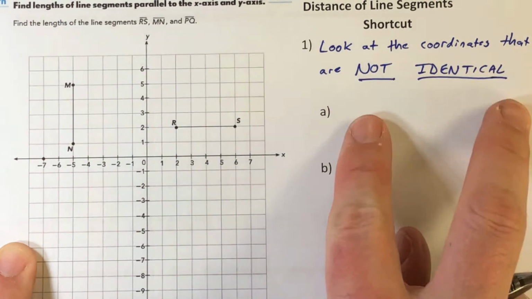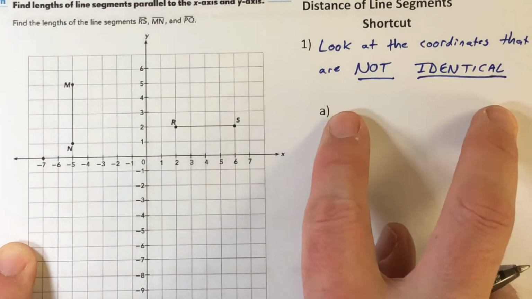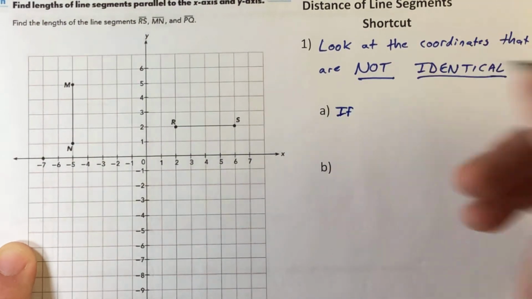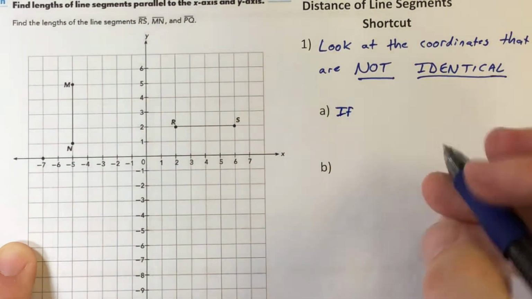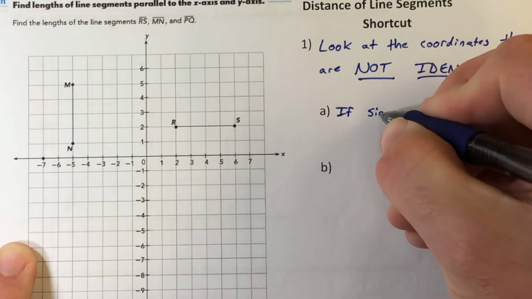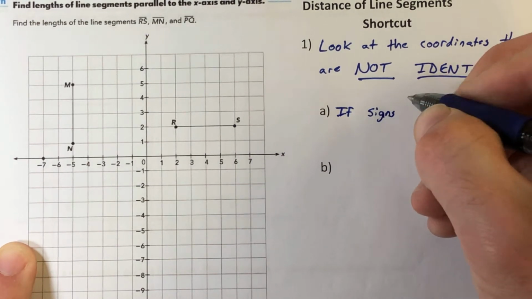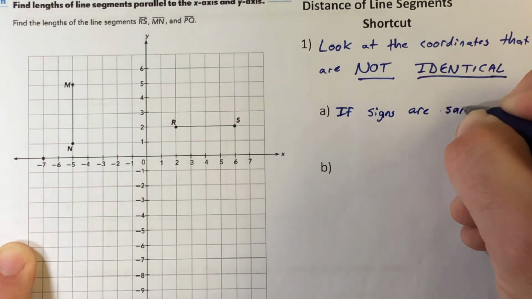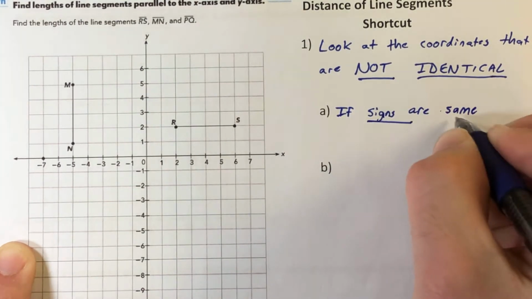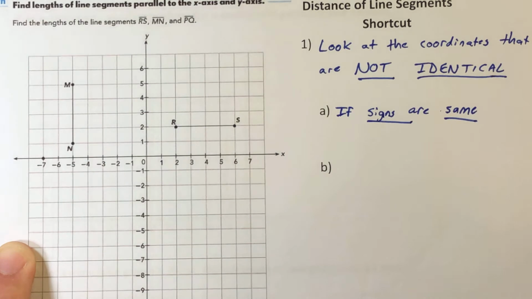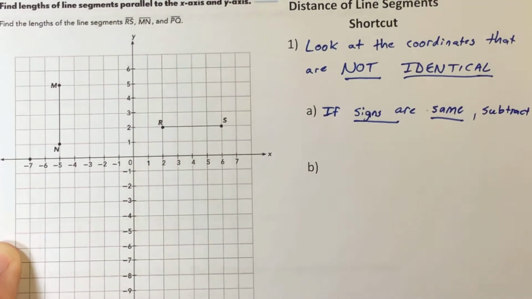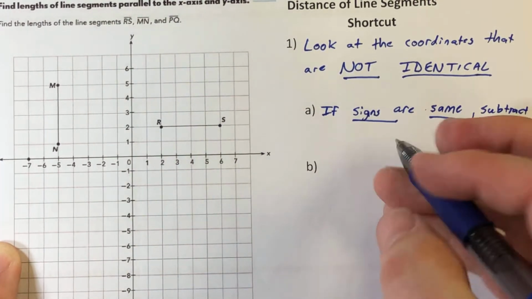After that first step, you have an option. First option, if those coordinates that are not identical have signs, meaning positive or negative, that are the same, you are going to subtract the absolute values.